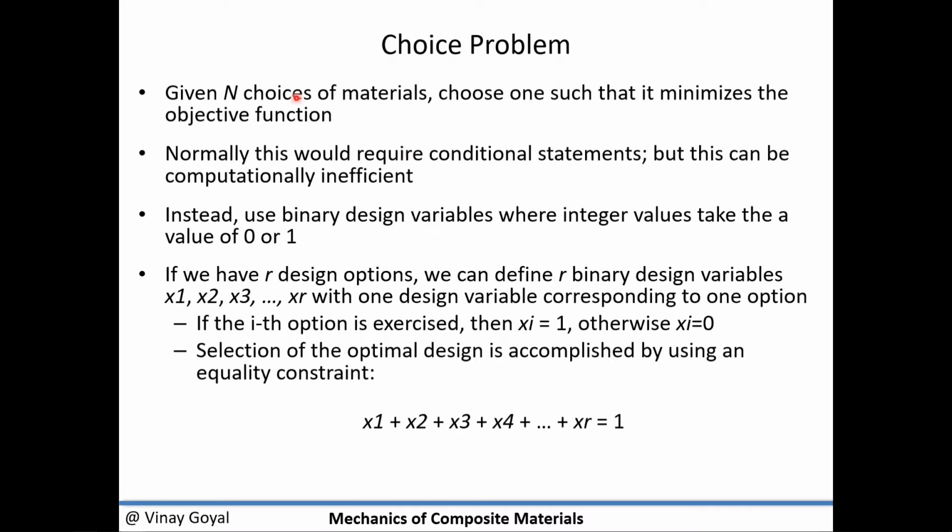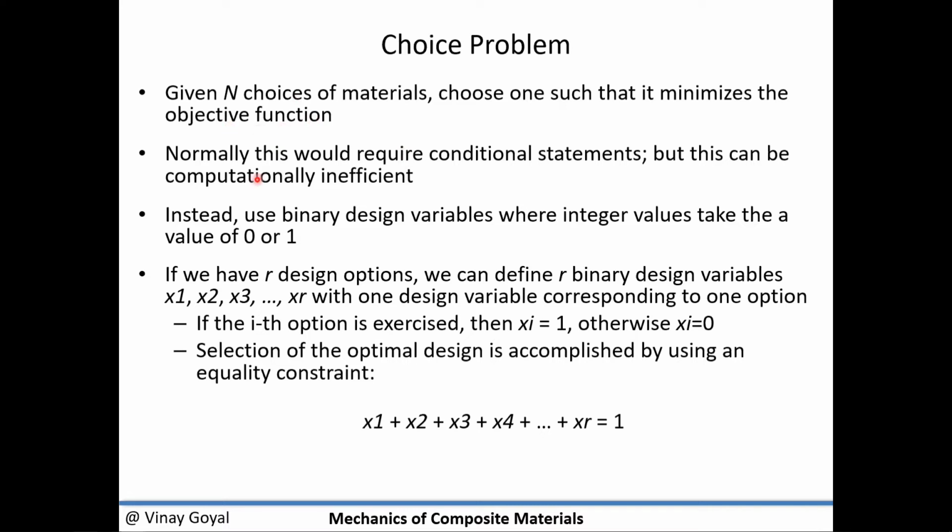Given n choices of materials, we want to choose one that will minimize the objective function. That's a very interesting idea. You could have 20 different material systems. Which one should you select to minimize the objective function? In this case, it could be minimize the weight.